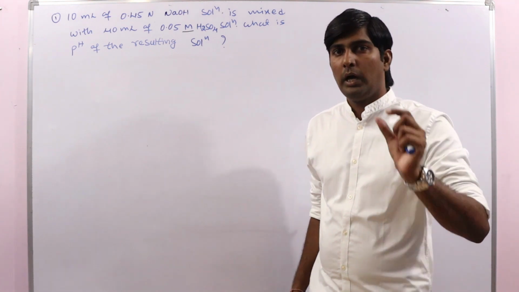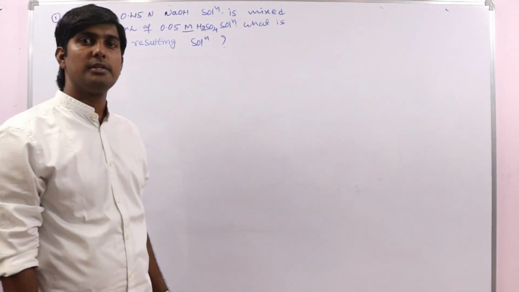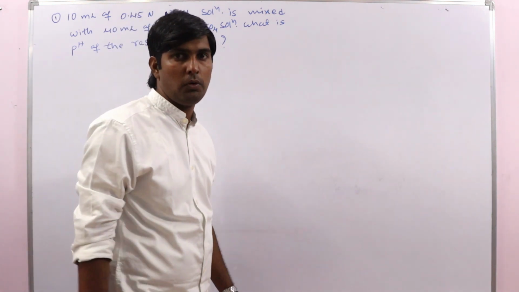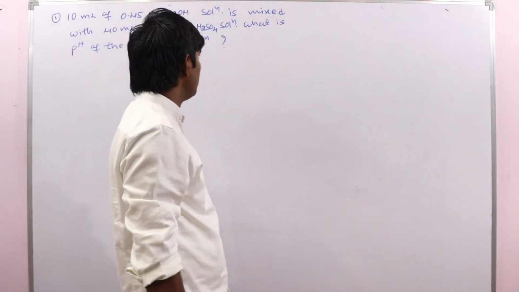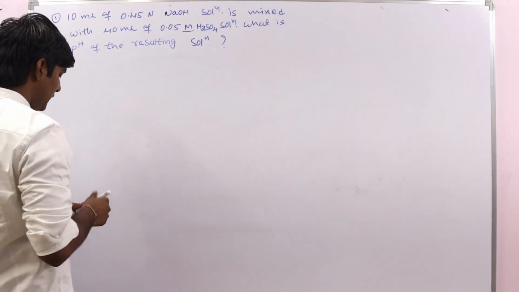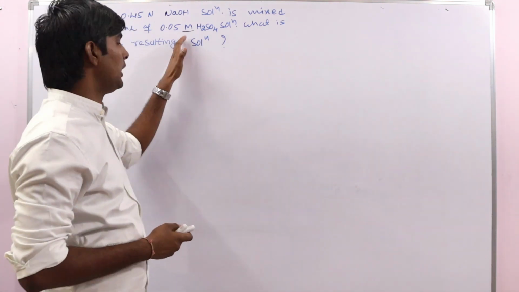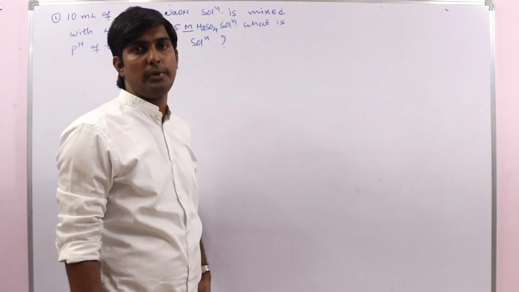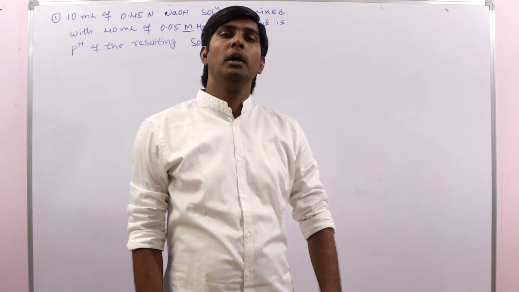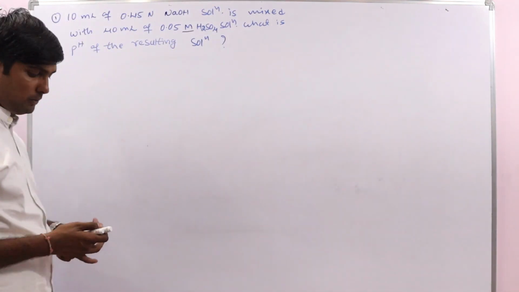Okay, I already explained so many times, we must express concentration in normality only. So that's why you should first find the concentration of H2SO4 in normality. Very important. You must be very careful whether the concentration is expressed in molarity or normality. We must take them in normality only.